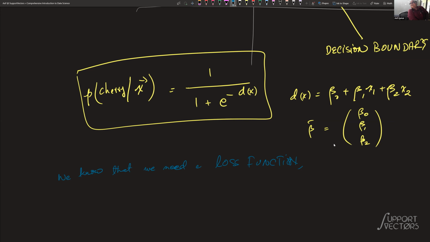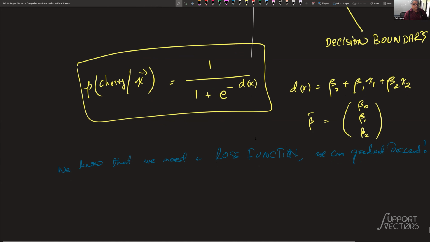Are we together? And by now, you have become good at gradient descent. The question is, what is an appropriate loss function?